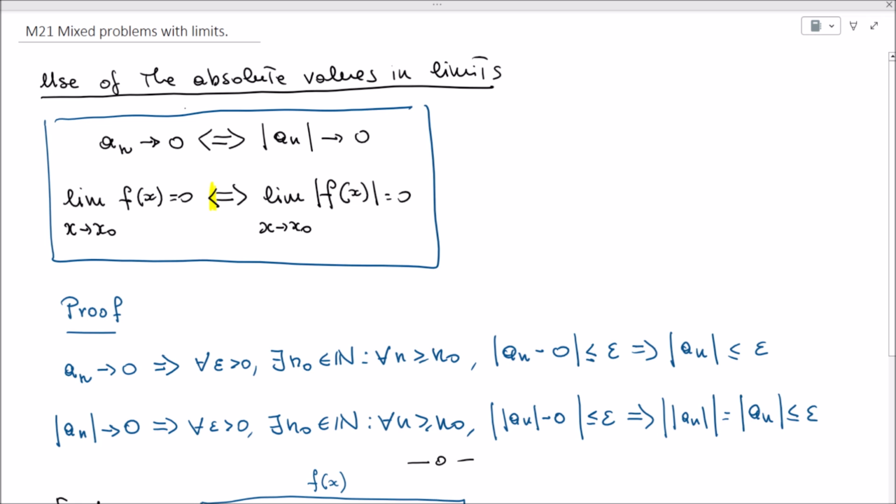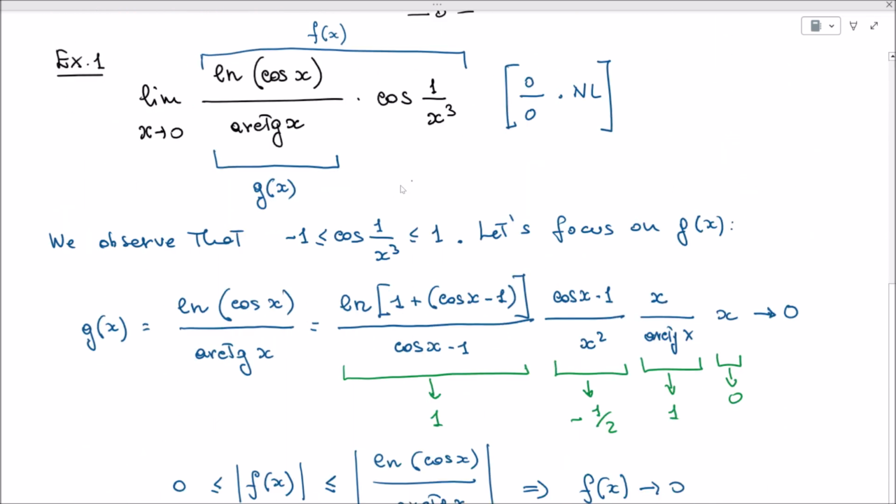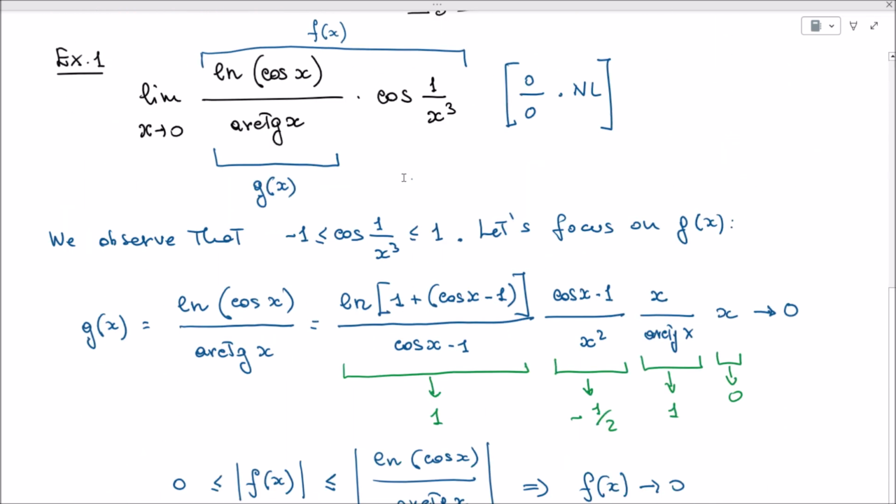Knowing that the absolute value tends to 0, we can conclude that f of x tends to 0. So this is an example of use of the absolute value.